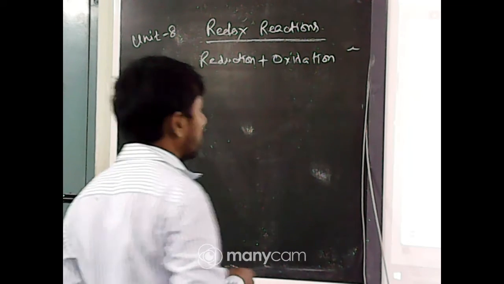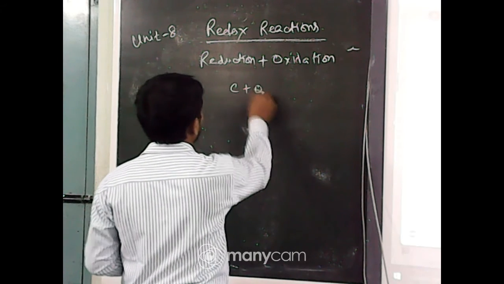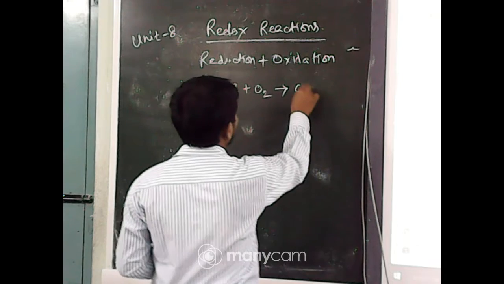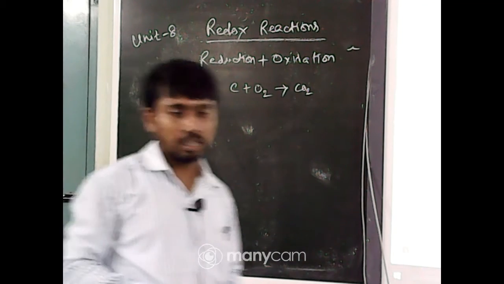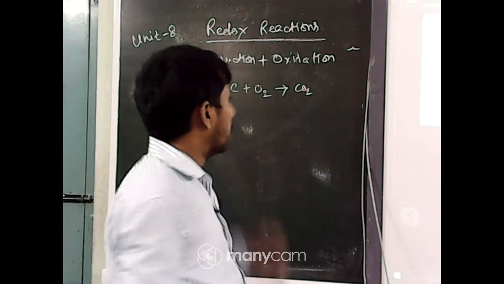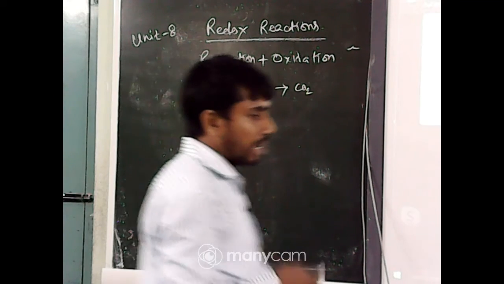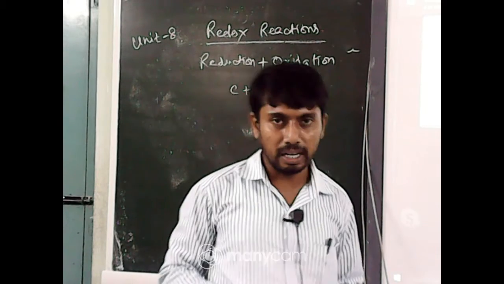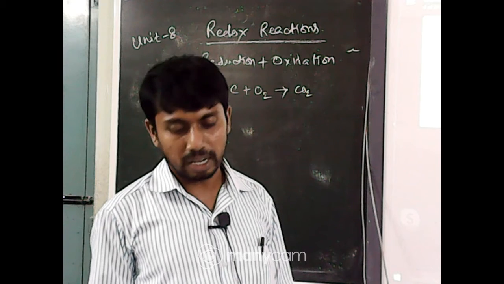When we add oxygen to any element, then it is oxidized, and when we eliminate oxygen or add some electropositive metal, that is any metal, then it is known as reduction.